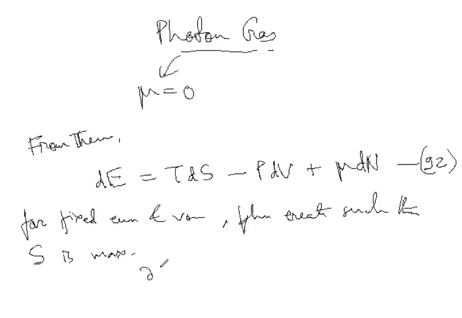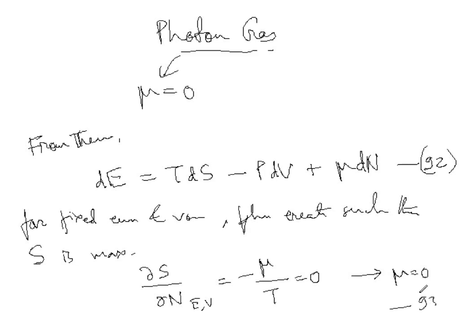This means that del S by del N at constant E, V equals minus mu by T equals 0. So this means that mu is equal to 0. This is equation 93. So this means that a photon gas in thermal equilibrium has zero chemical potential.